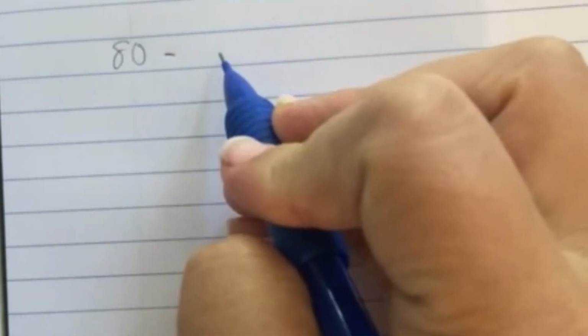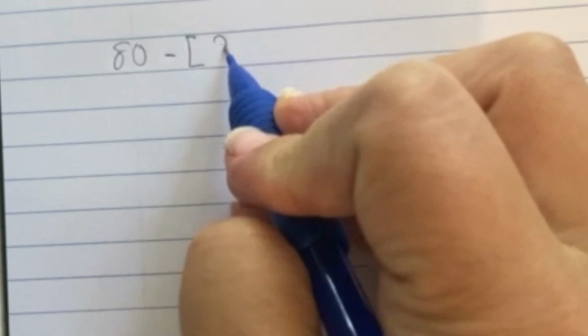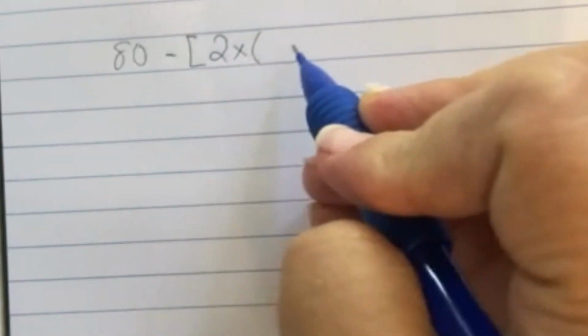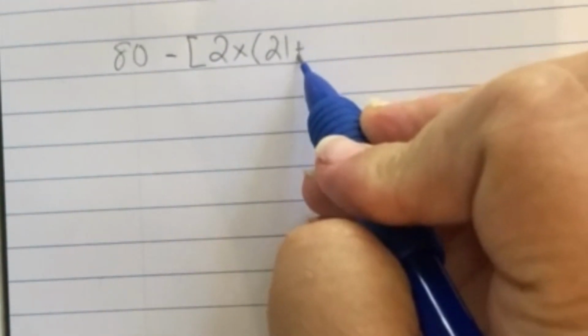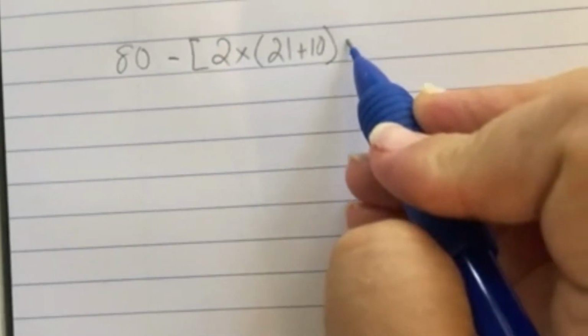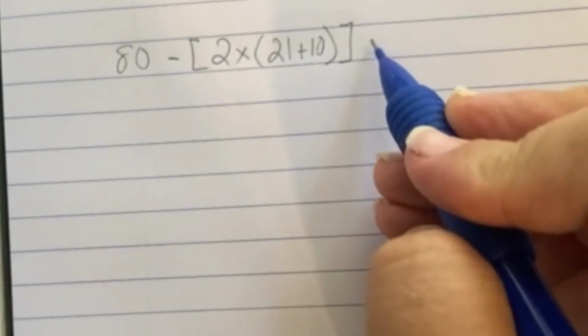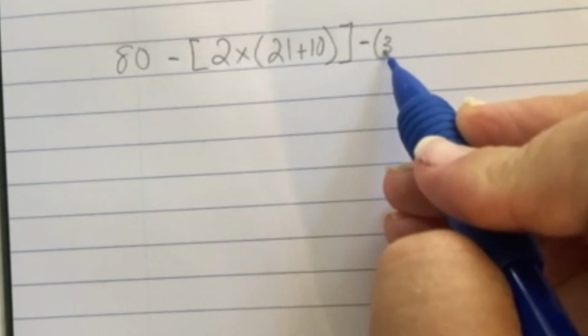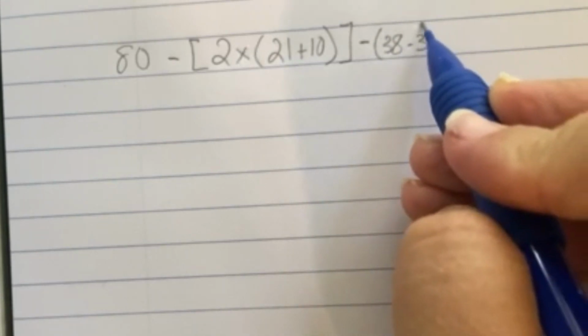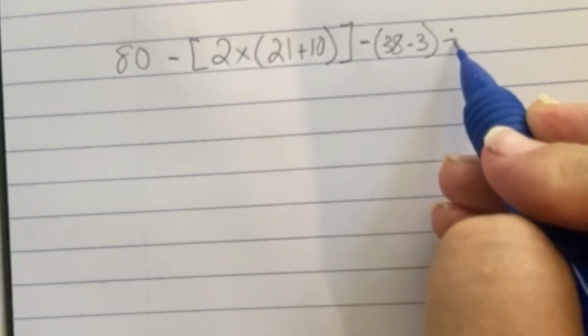So our first problem is going to be 80 minus bracket 2 times in parentheses 21 plus 10, close parentheses, close the bracket, minus, open parentheses, 38 minus 3, close parentheses, divided by 7.